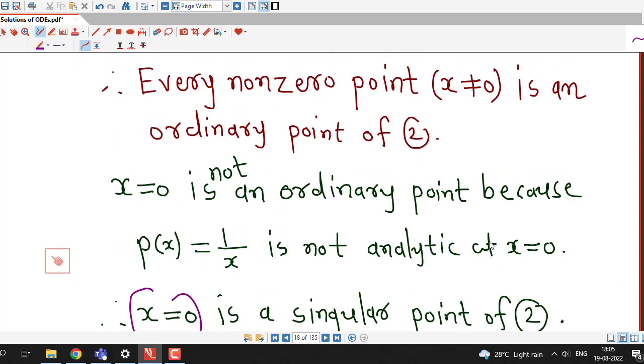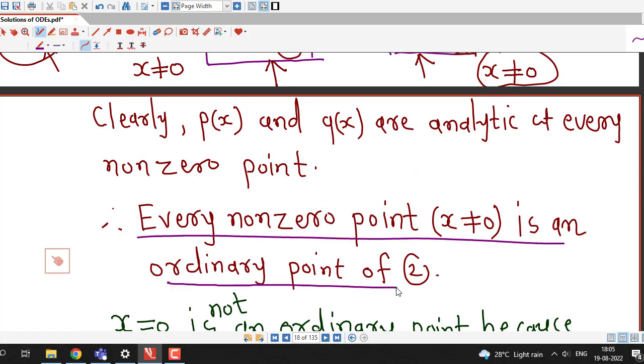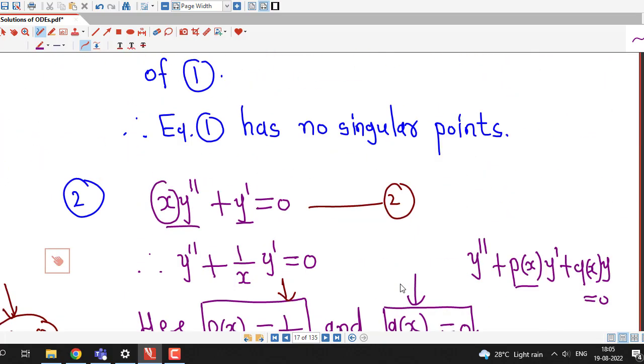So the conclusion is every non-zero point is an ordinary point of given equation 2, and x equal to 0 is a regular singular point of this equation 2.